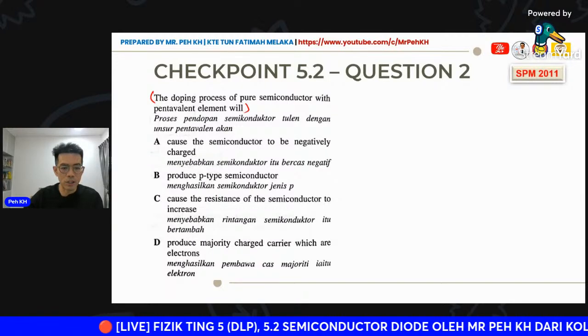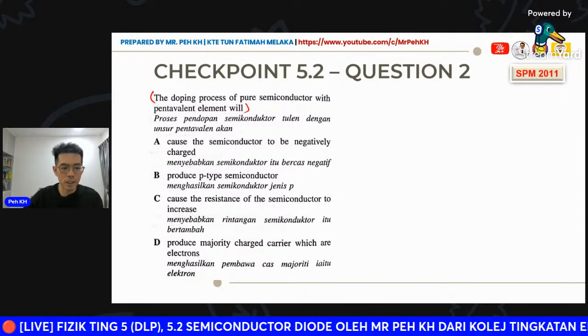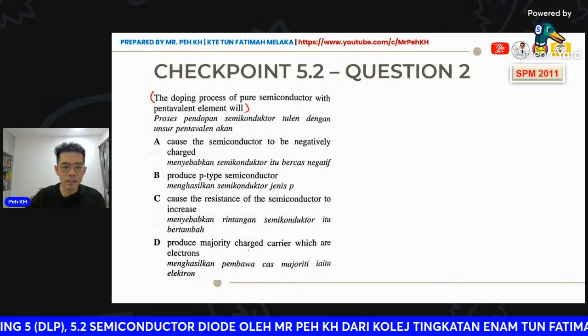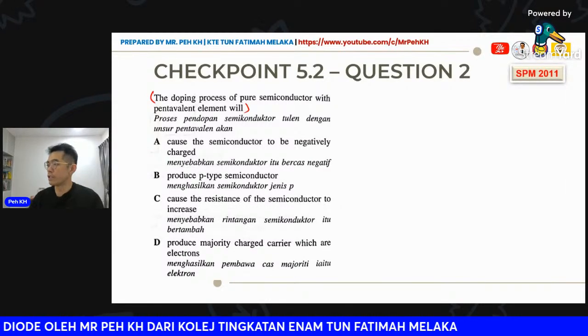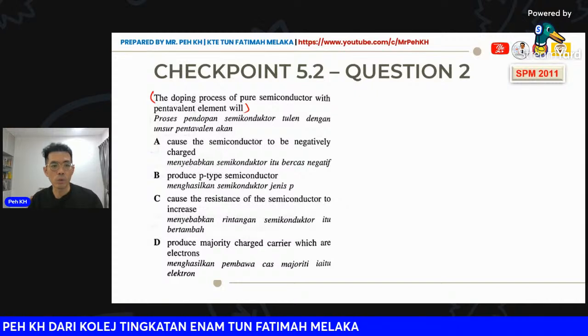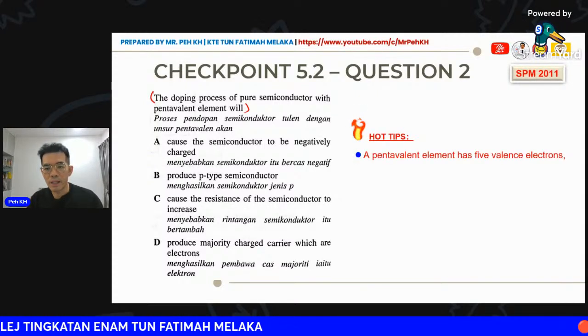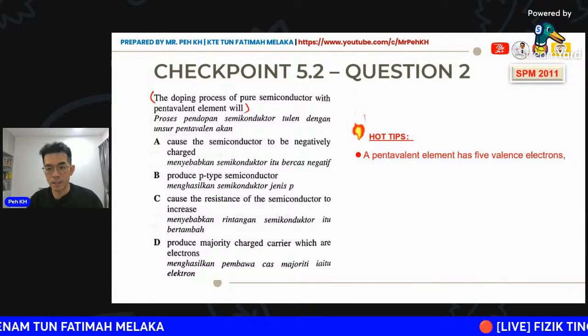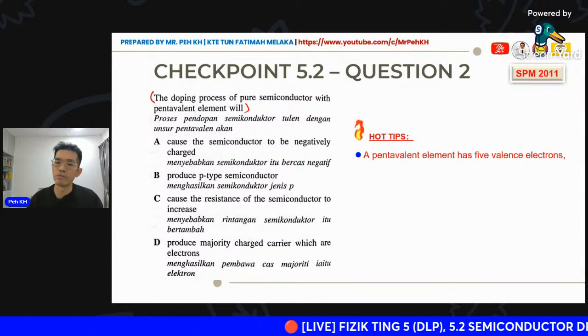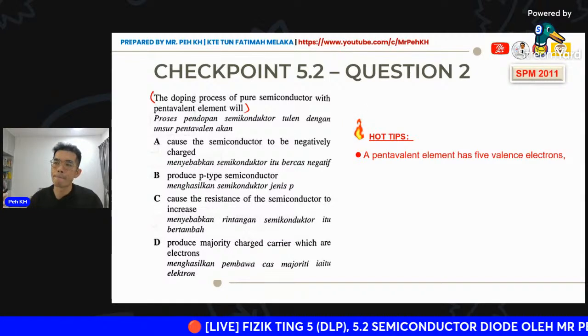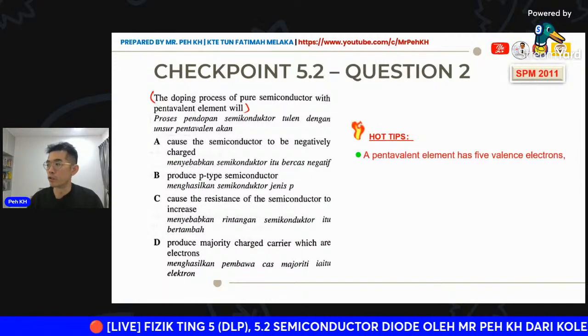Cause the resistance of semiconductor to increase, produce majority charged carrier, which is electron. Okay, so here, what is the answer here? Okay, so the pentavalent elements or atom, we just went through just now. So here we'll be referring to the atom from group 15.